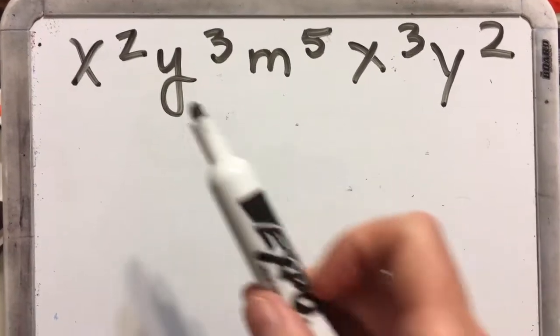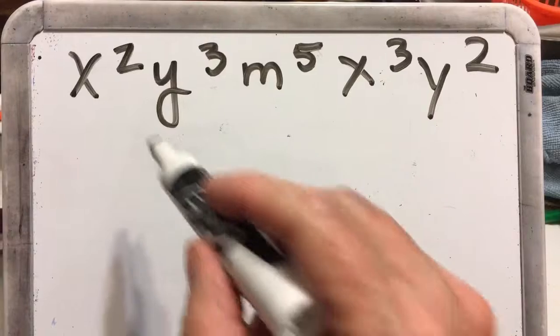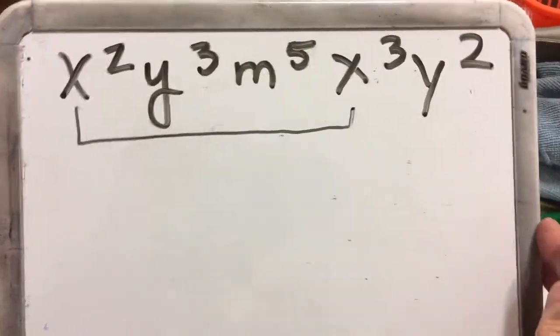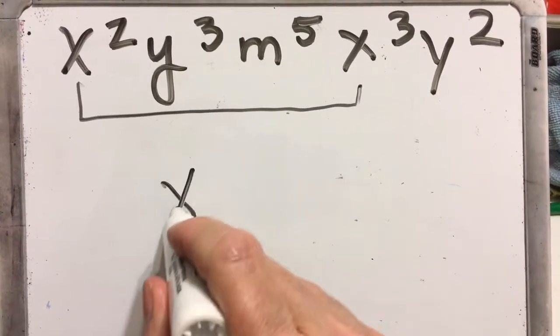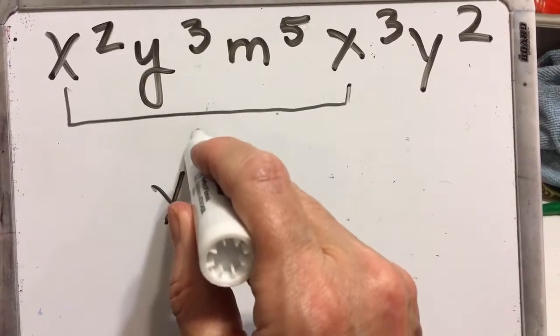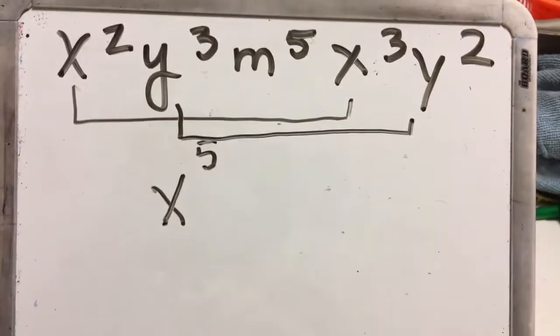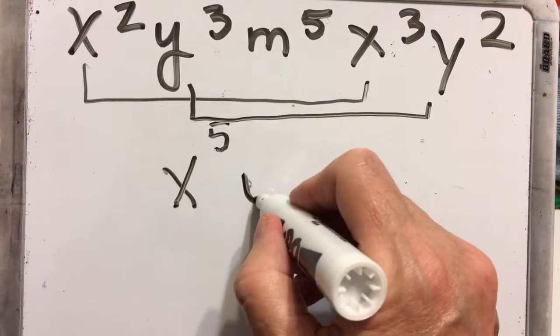Likewise, on this problem, I've got x's, y's, and m's. So that's not a problem. I will join my 2 x's together, and x squared times x cubed would give me x to the 5th. And then I join my two y's together, and I've got a y to the 3 plus 2, or a y to the 5th.